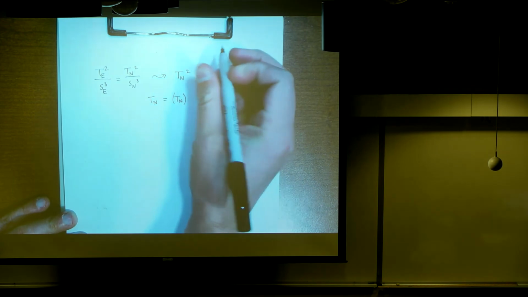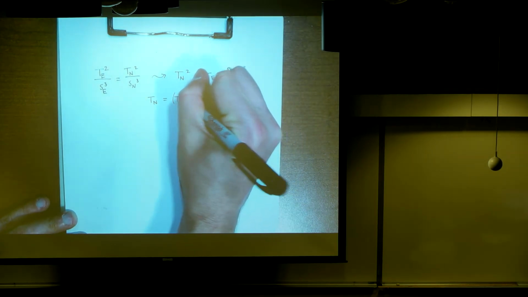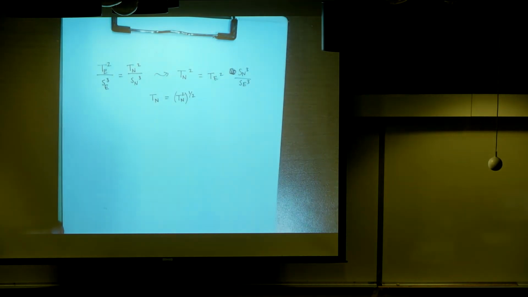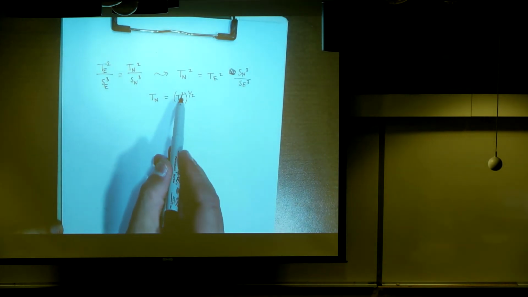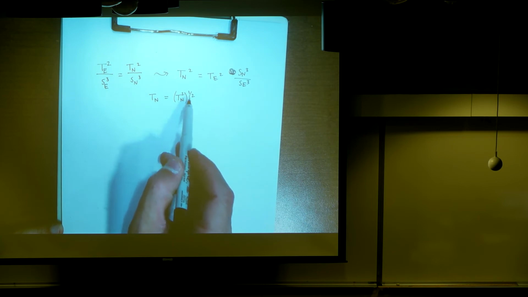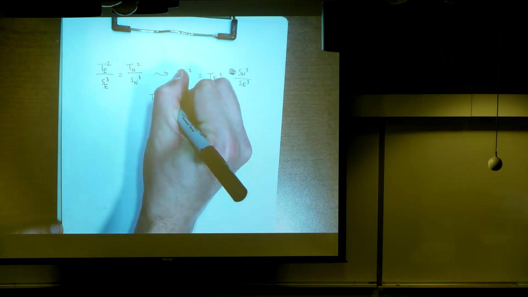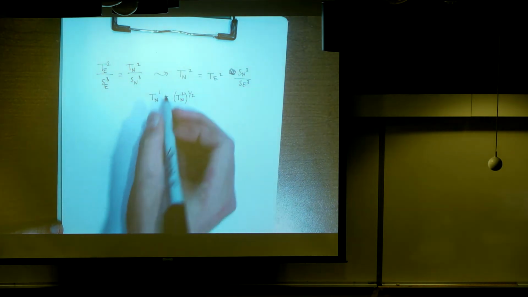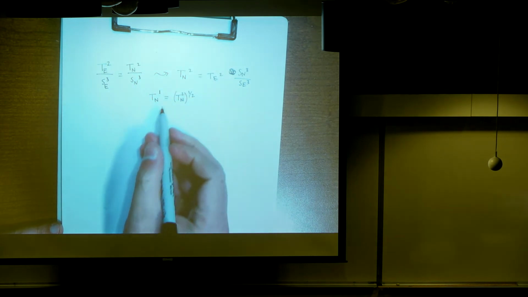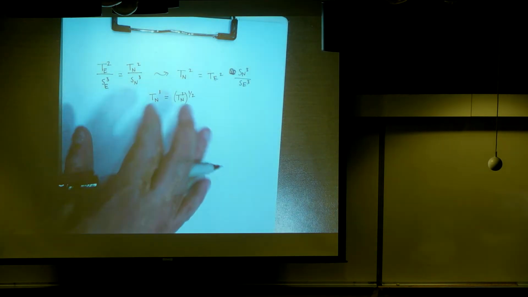It's the same as square rooting, but I like to think of this as the 1/2 power. On this side, we have Tn squared taken to the 1/2 power. 2 times 1/2 is 1, so that's Tn to the first power, which is exactly what we want.